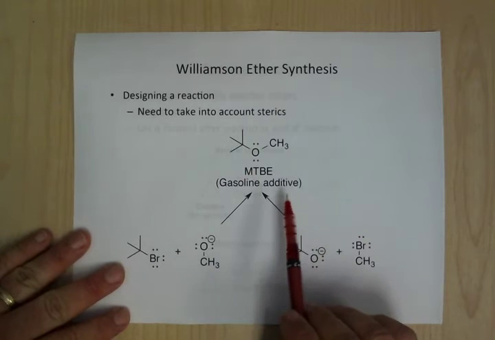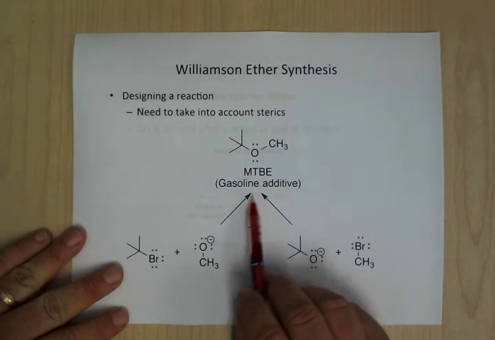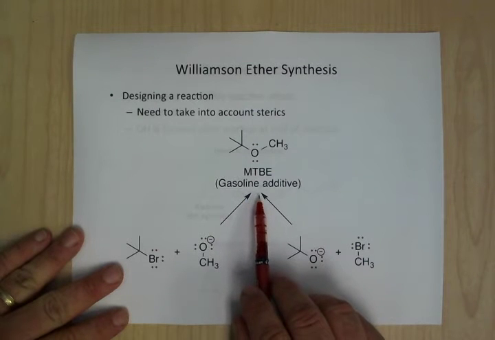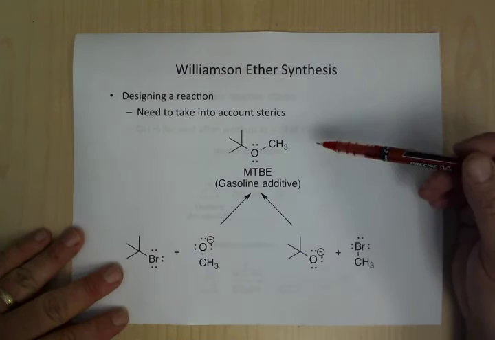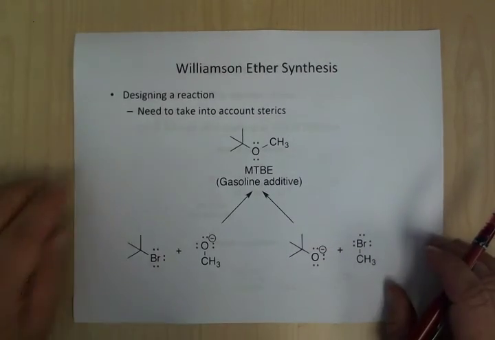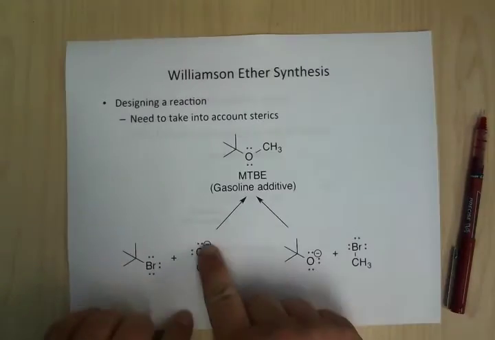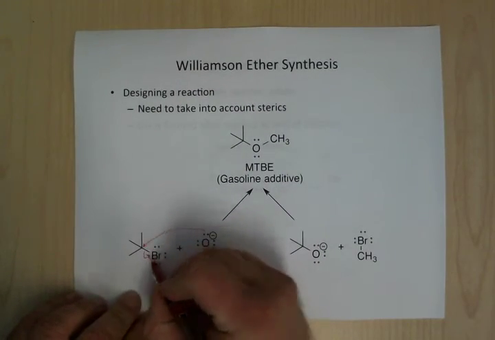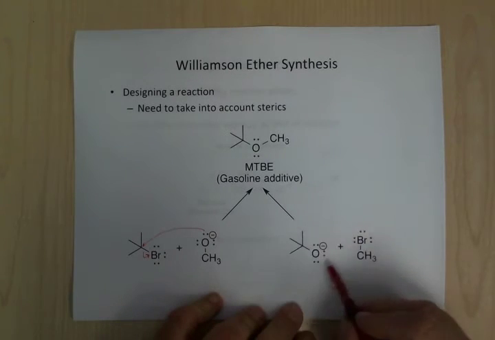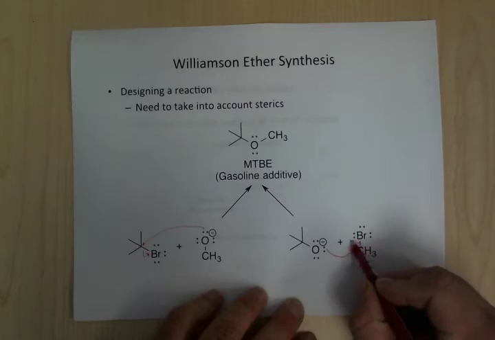If you're going to make MTBE, methyl t-butyl ether, some of that used to be used as a gasoline additive before we started putting ethanol in to oxygenate it to help it burn a little cleaner. Your nucleophile could either be this methoxide, and then you can come in and attack here and displace that, or you can have the t-butoxide come in and attack the methyl and displace it this way.